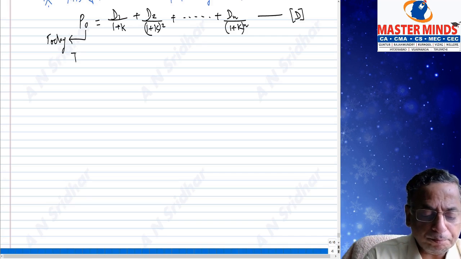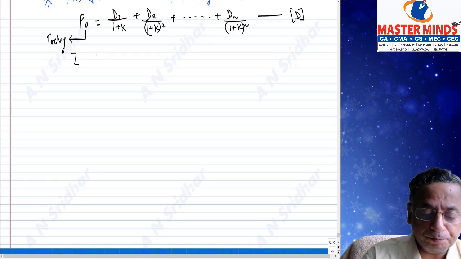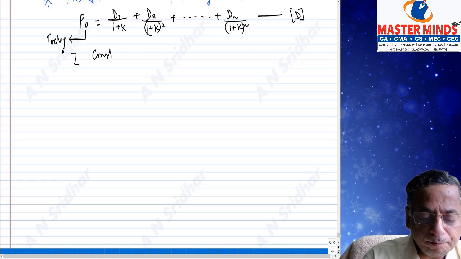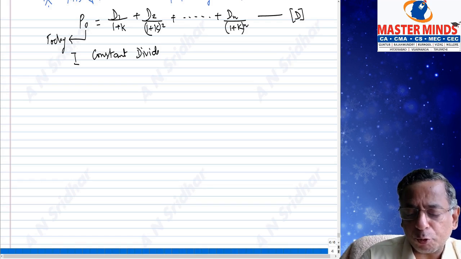Number 1, they are popularly called approaches. First is the constant dividend approach.